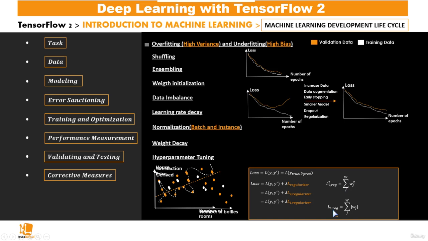But in practice, many times we tend to use the L2 regularization instead of the L1 regularization, although in some problems we could use the L1 regularization. And now let's understand why and when we need to use either the L2 or the L1 regularization. The L2 regularization is actually the sum of a quadratic function, which looks like this.